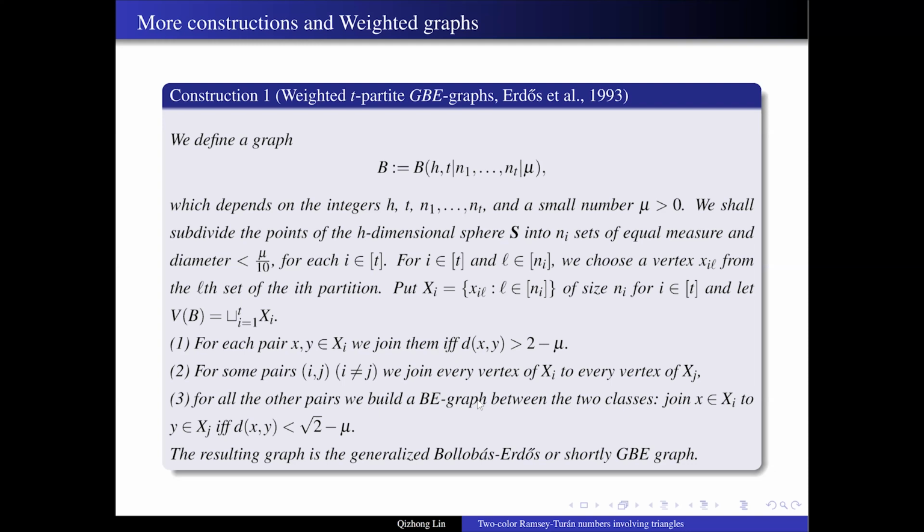Indeed, Erdős and Sós showed that there exists a sequence of dense GBE graphs. Such a graph we call the generalized Bollobás-Erdős graph, or shortly GBE graph, asymptotically extremal for the Ramsey-Turán number.